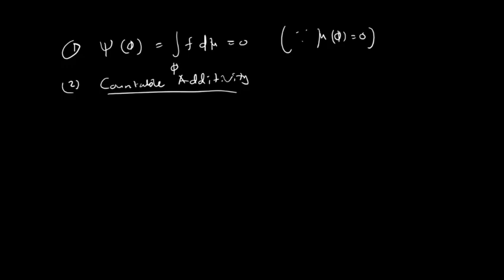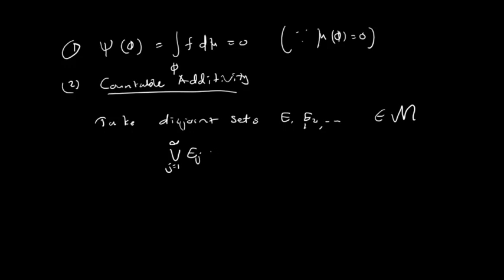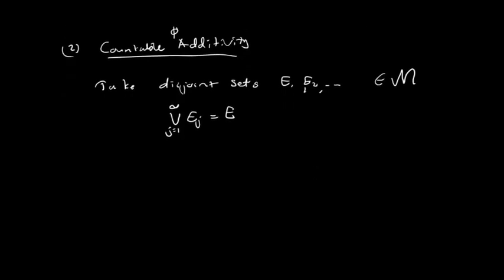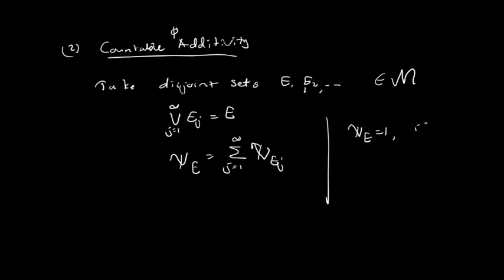For this we take disjoint sets, say E1, E2, etc., from our sigma-algebra M, and whose union is E, that is, the union of Ej, where j varies from 1 to infinity, equals E. Now since the Ej's are disjoint, we have chi E equal to the summation, j from 1 to infinity, of chi Ej. Why this equality? Because chi E equals 1 if x belongs to E.